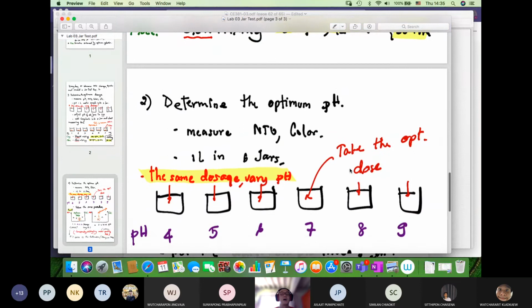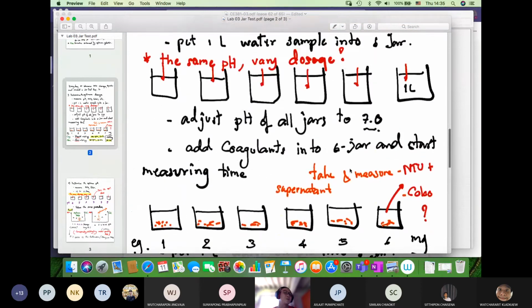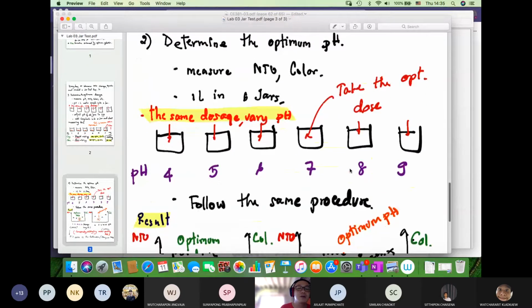Then this is the first experiment, determination of the optimum dose, and the second experiment is the determination of the optimum pH.